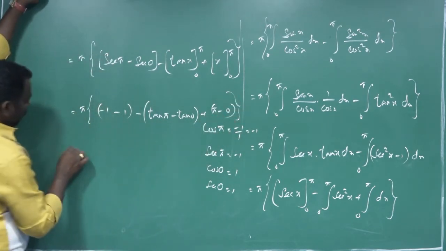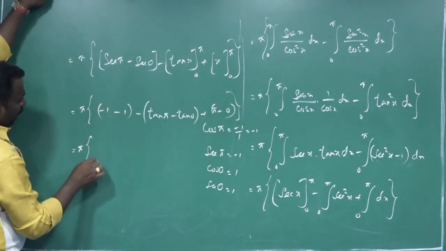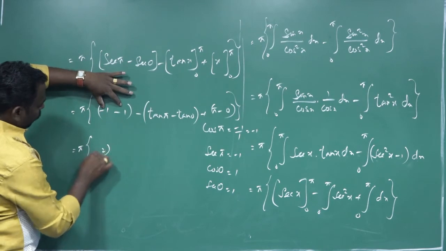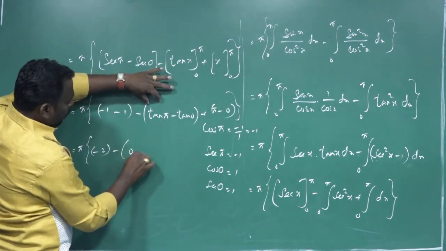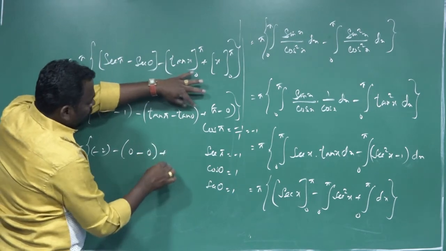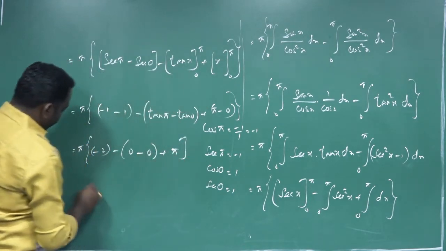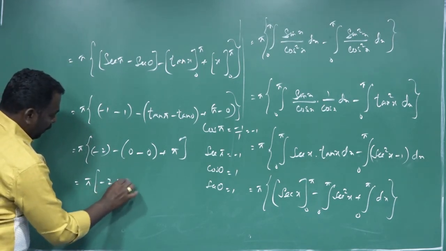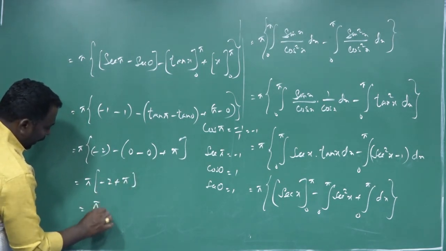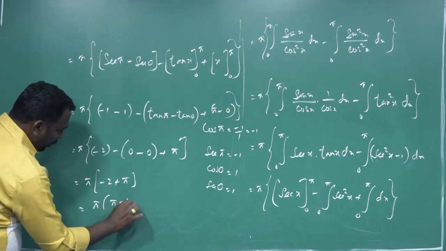That is equal to pi within the bracket: minus 2, minus tan pi, which equals 0, and tan 0 equals 0, then the remaining is pi. So that is pi within the bracket minus 2, 0 is cancelled, plus pi, that is pi within the bracket of pi minus 2.